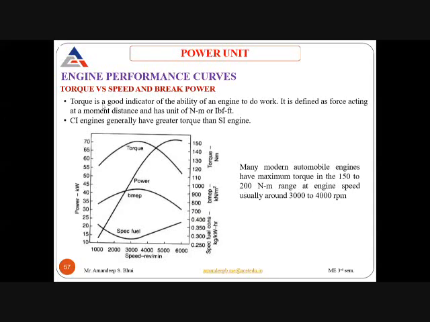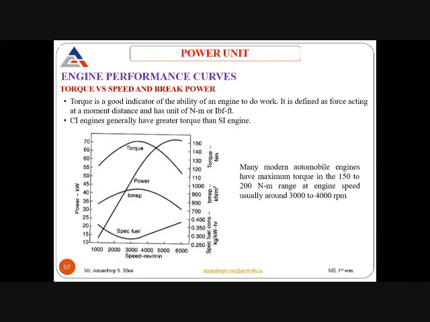Now the torque and the speed of any vehicle are inversely proportional. If a vehicle has more torque, it will have lesser speed. If you have more speed, you will have lesser torque. That is why cars can run at higher speeds, because they have lesser torque.